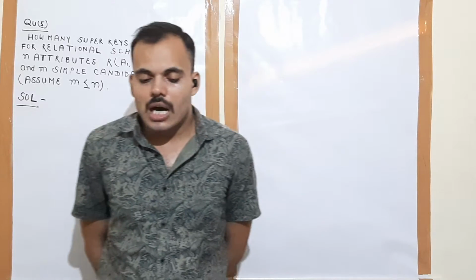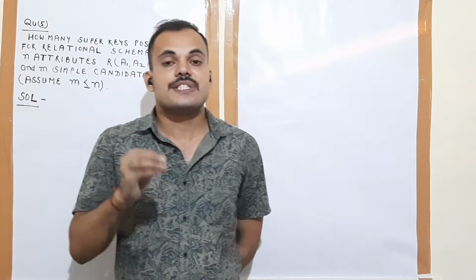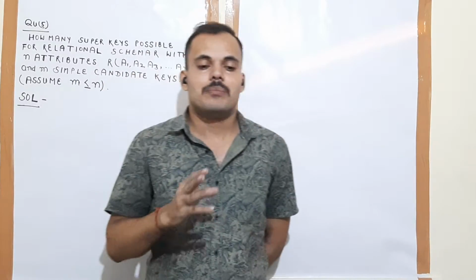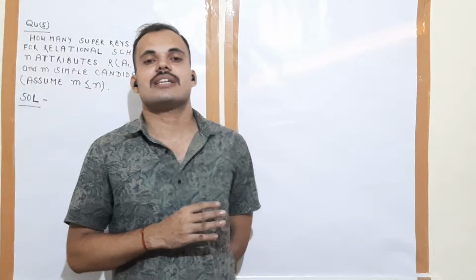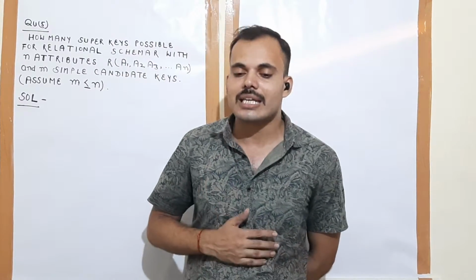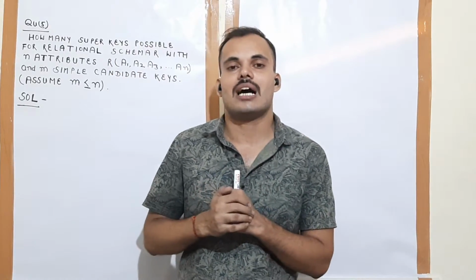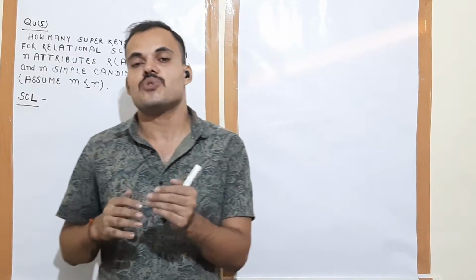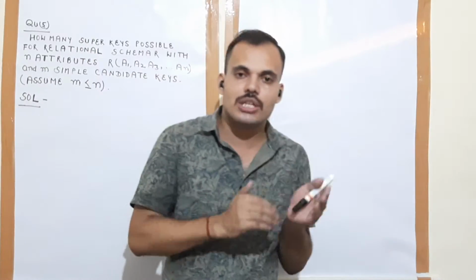See here, it is given m simple candidate keys. This means the number of candidate keys is m. If the number of candidate keys is m, how many sets do we have to use if we go with the set theory method?